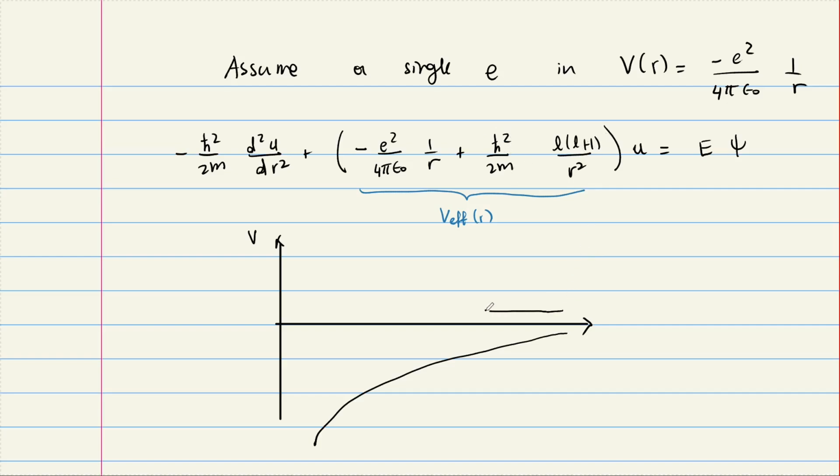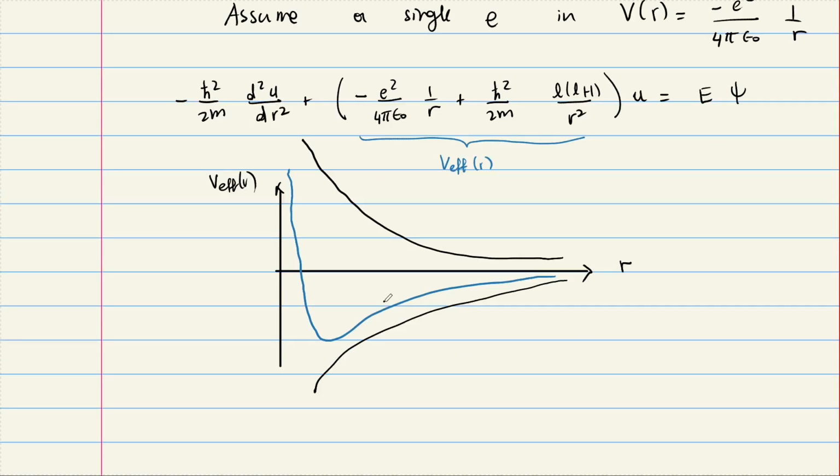This one goes like this. And if you sum these two, you are going to get something like this. Yes? On the right-hand side of the equation, you wrote E u, or should it be E u? Oh, yes, thank you. I appreciate it, absolutely. Yes, a little bit careless.